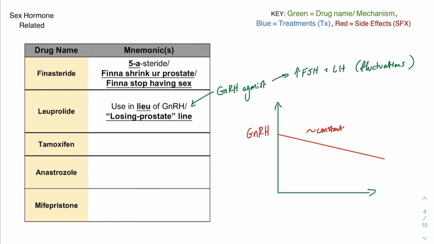You are not giving them the fluctuating levels of GnRH that they're supposed to be having, so this leads to a disruption of FSH and LH regulation, which means you are going to be losing your prostate, as in you're going to be losing prostate cancer. So that's how I like to think about it.